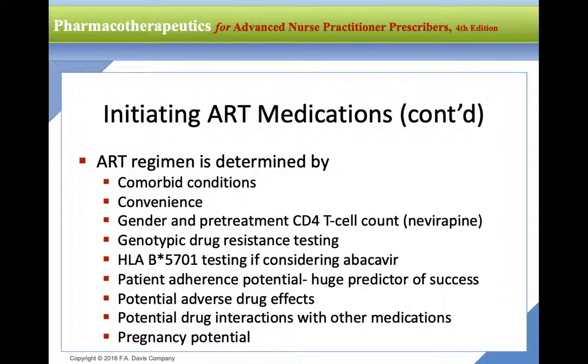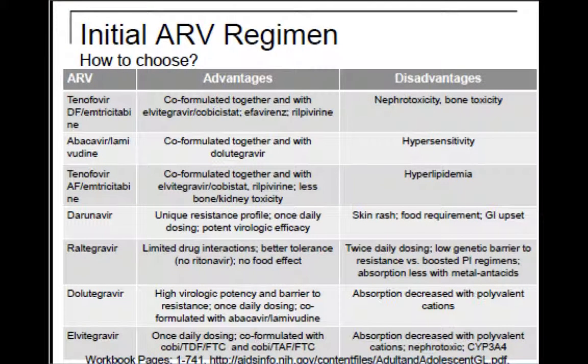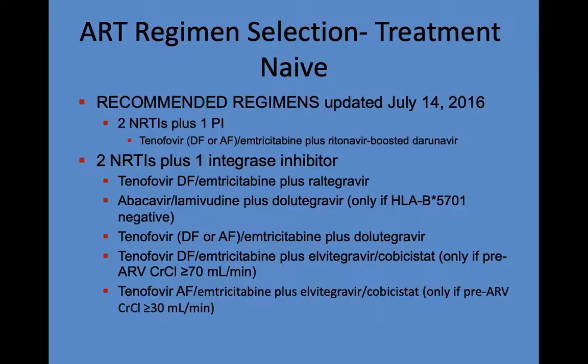So your regimen is determined by all of these factors. Then they would pick the regimen that's best suited for the patient, usually the more tolerable medication, and the patient would take it every day, stressing the need for compliance because of resistance. Even this slide is somewhat outdated.